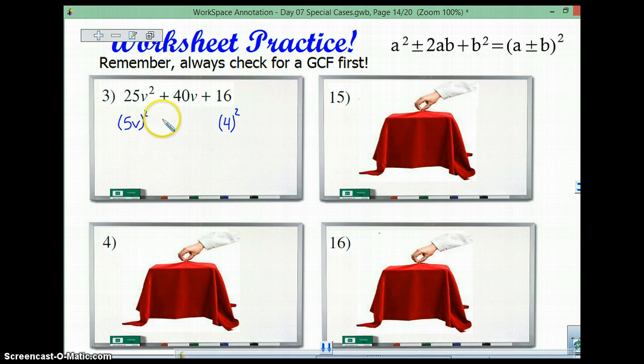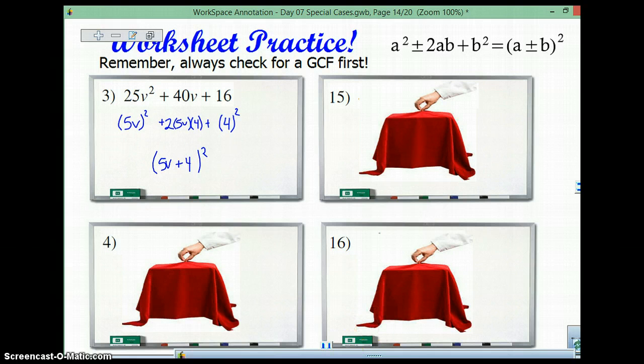So we can write this as plus 2 times 5v times 4. If you can rewrite the polynomial as a squared plus 2ab plus b squared, then it's easy to find the answer. 5v is your a, plus 4, that's your b, squared.